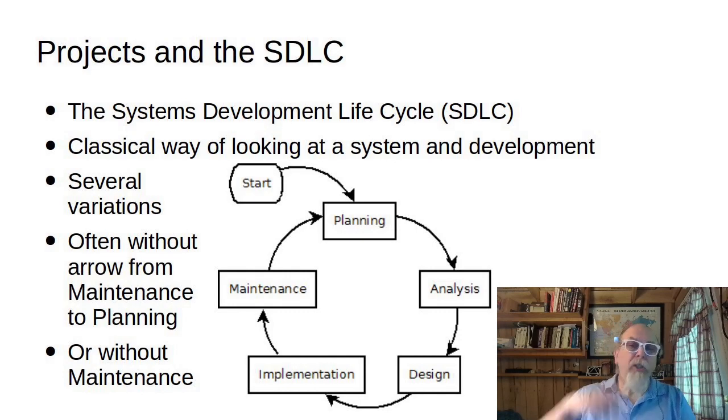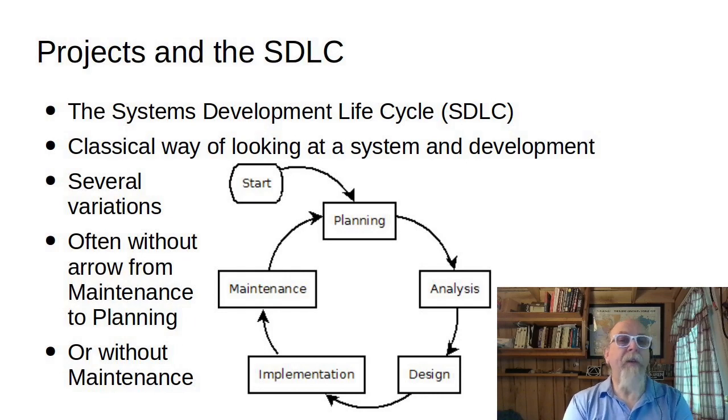Other textbooks show it in a circle, but in the classical sense of the waterfall, you move from planning to analysis, analysis to design, design to implementation, and then you're done with the project and you pass it on to operations to do the maintenance.